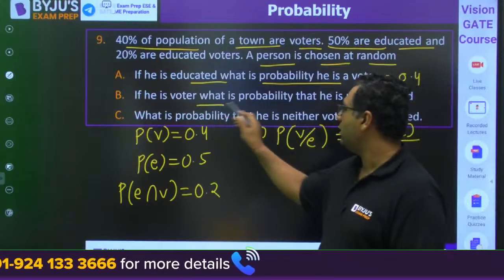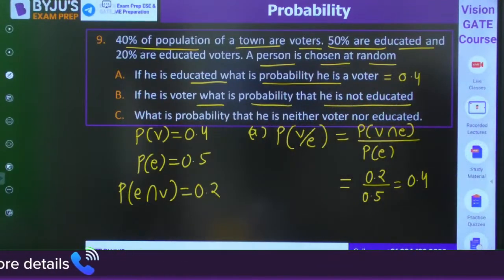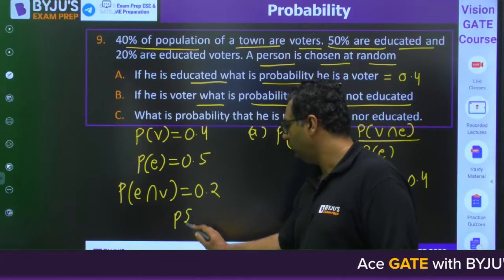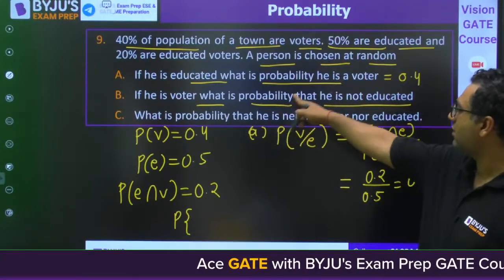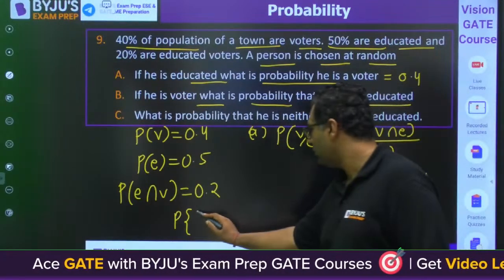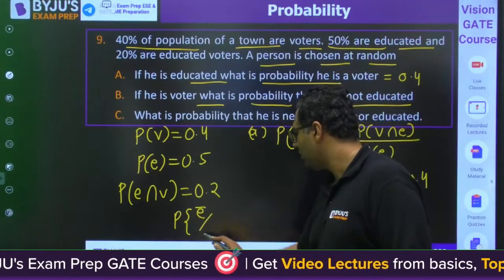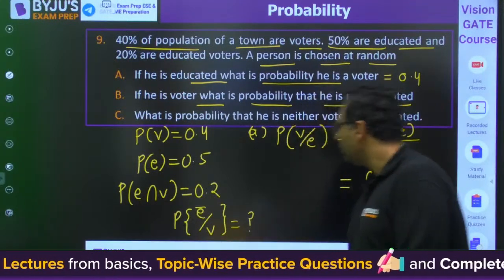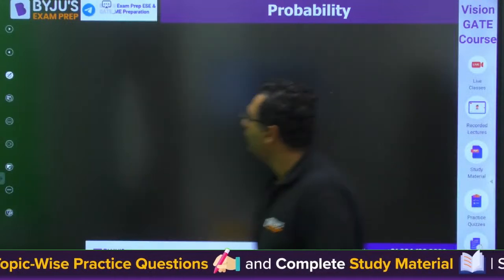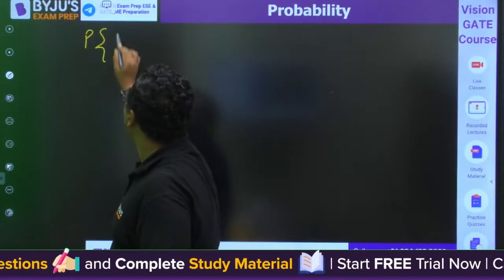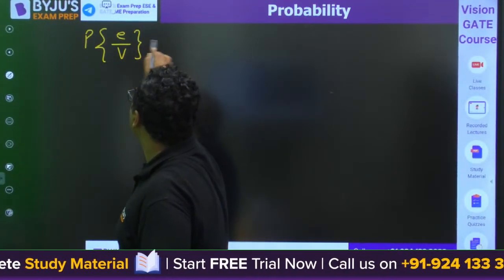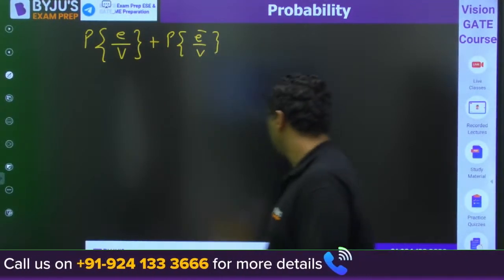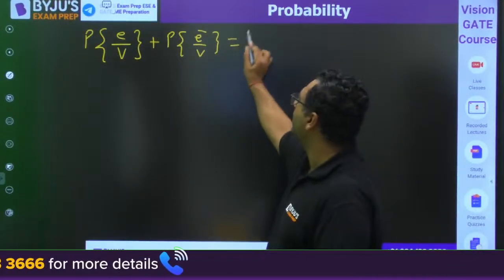If he is voter, what is the probability that he is not educated? He is a voter, what is the probability he is not educated? E bar. This you need to find out. If you remember, probability of E by voter, probability of E naught by voter, that is what we need to find out is 1 minus.